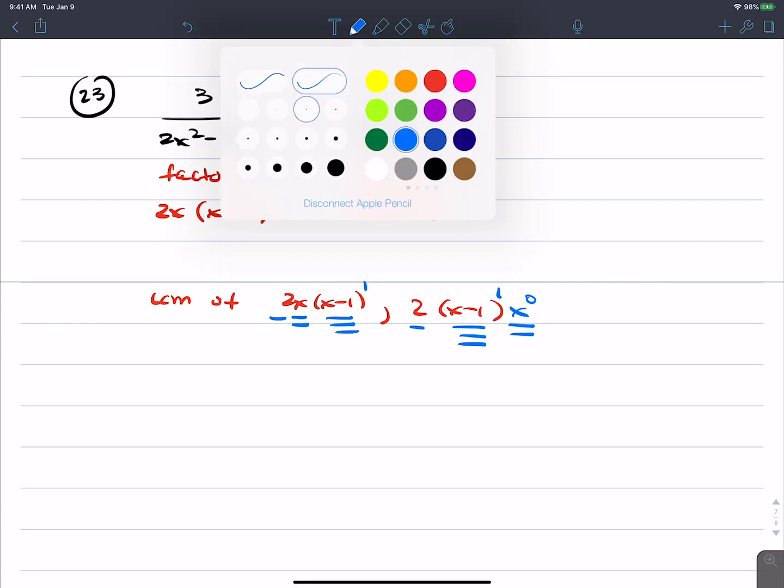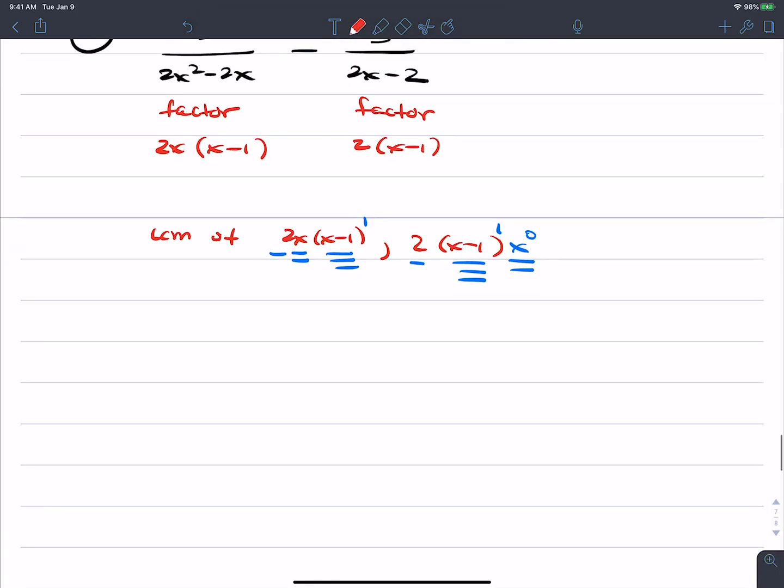So the LCM, if we look at it this way, for the numbers, the LCM of 2 and 2, here and here, is simply 2, because they both have that power 1. It's 2 to the largest power, and 1 is largest by default. Now for the next term, for the x variable, we got x to the first right here.